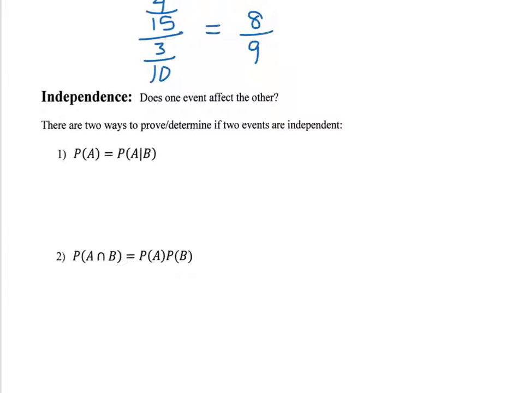So we remember independence means does one probability affect the other? There are two ways to prove or determine if two events are independent. Now, this says the probability of A is equal to the probability of A given B. So remember that line right there means given.